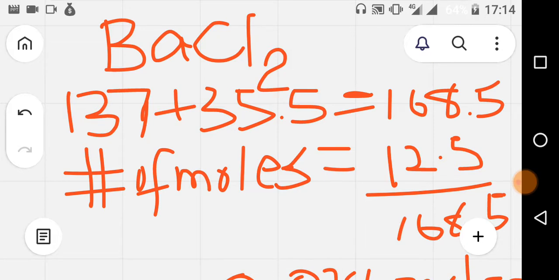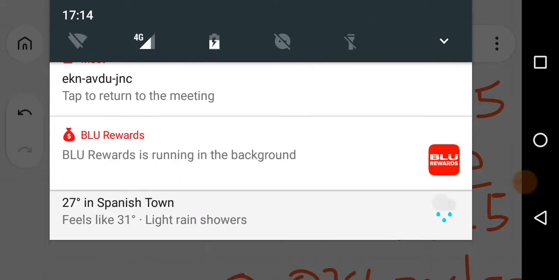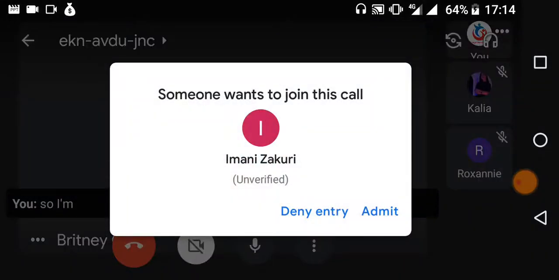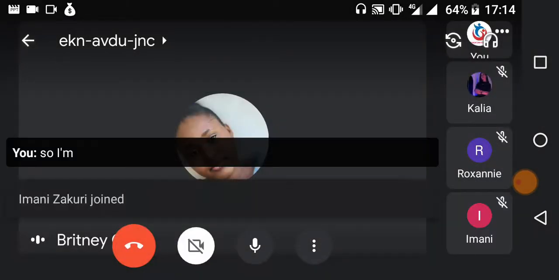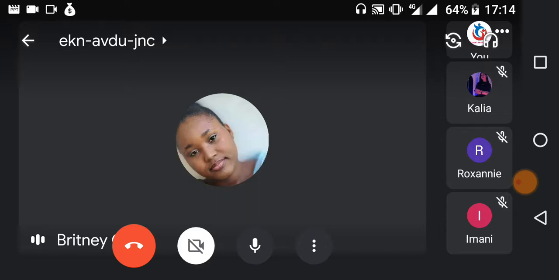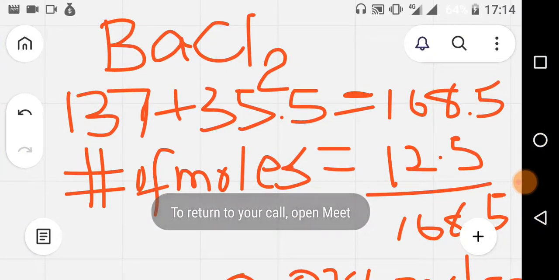So I have done the first one, which is 12.5 grams of barium chloride.